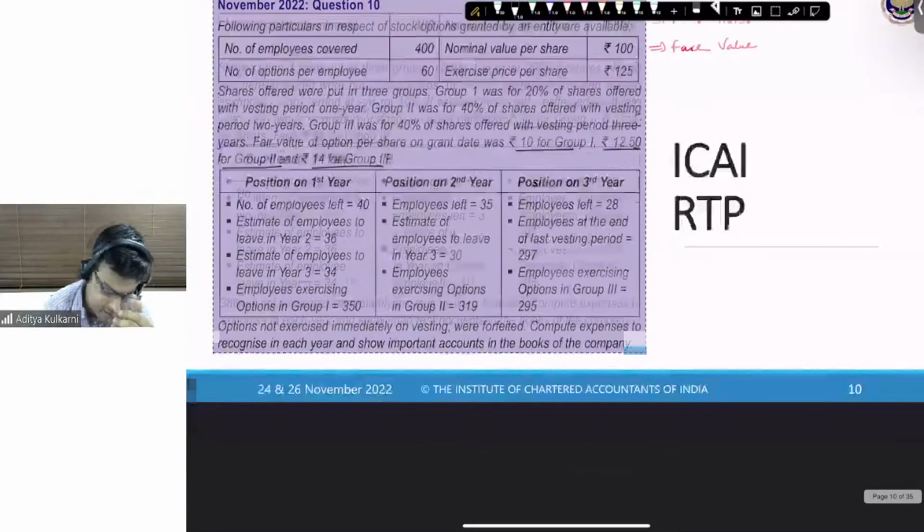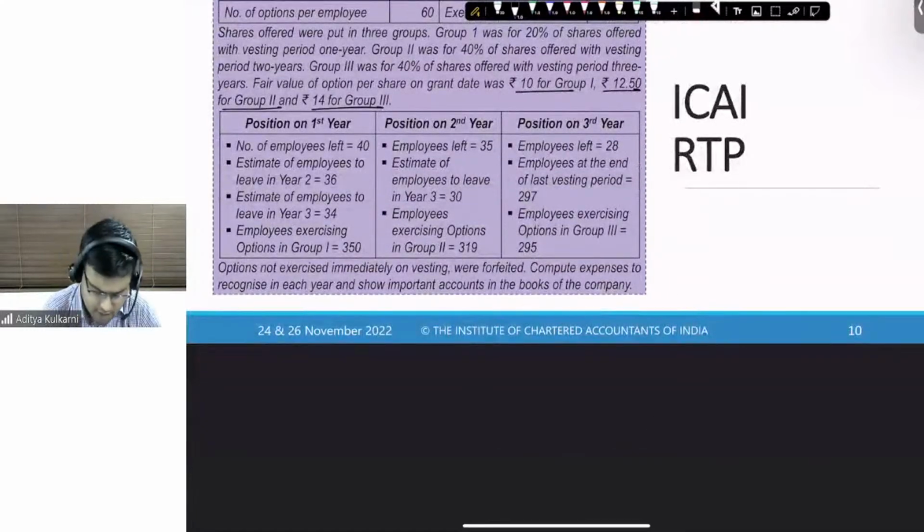So what is given? Position in the first year, number of employees left is 40, estimate of employees to leave in year 2 is 36, estimate of employees to leave in year 3 is 34, employees exercising options in group 1 is 350. Position in the second year, 35 left, estimate of employees to leave in year 3 is 30, employees exercising the options is 319.